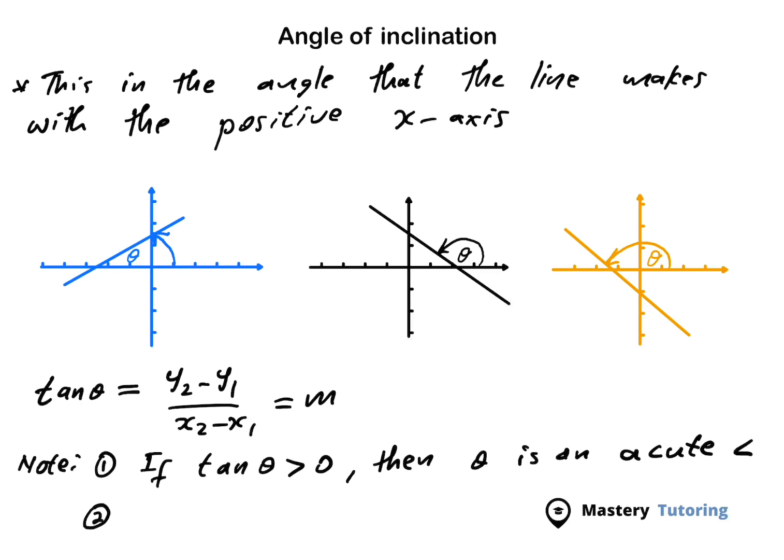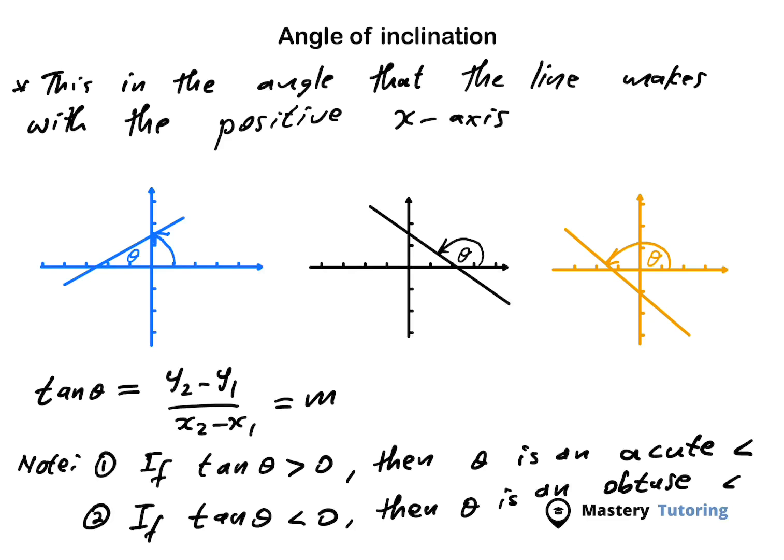And number two is if tan theta is less than 0, then theta is an obtuse angle. So these are the main things that you need to keep in mind for angles of inclination.